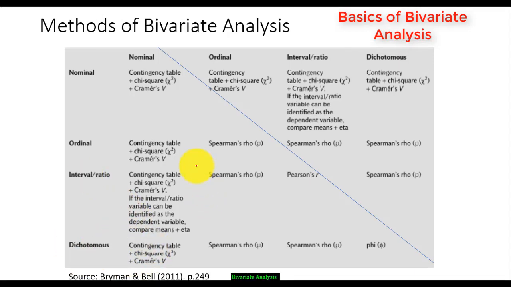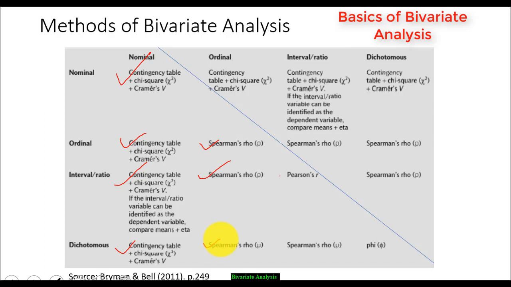One important observation in the table suggested by Bryman and Bell is that contingency table, chi-square and Cramer's V can be used for most pairs of variables, except a few pairs such as interval and ordinal, dichotomous and ordinal.